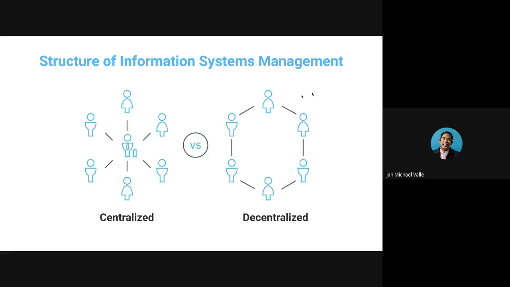Meaning, for example, in this kind of setup, it really depends on how they want to set it up. So, for example, it might happen that in marketing, there are specific people who are doing IT related work. And then we have, of course, also in operations and in sales.